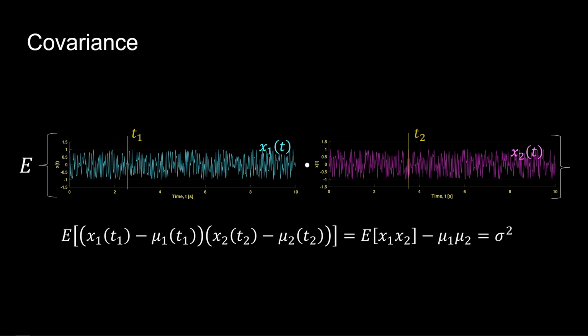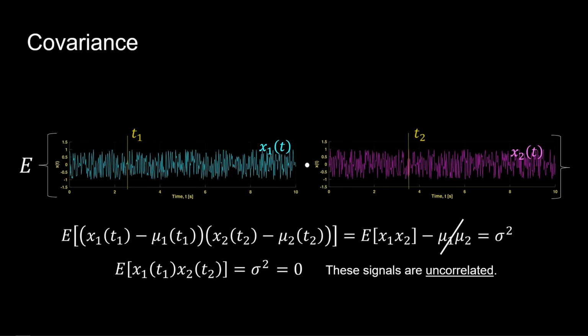So if we were to repeat the signal draws multiple times to collect multiple x1 at t1s and x2 at t2s, we would find they would have the same statistics as the signal x1 and x2 respectively. As before, the signals are generated from a random uniform draw between -1 and 1, so this example has a covariance of 0, and the signals are also uncorrelated.